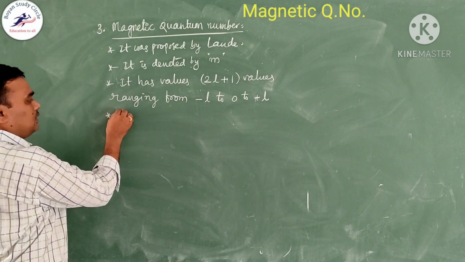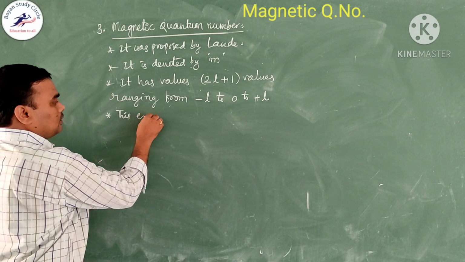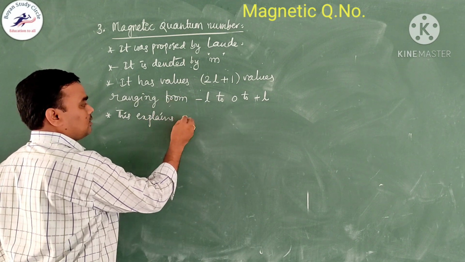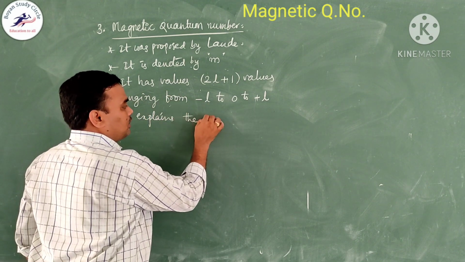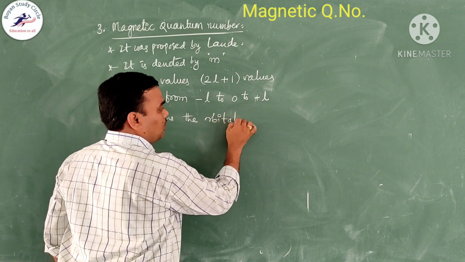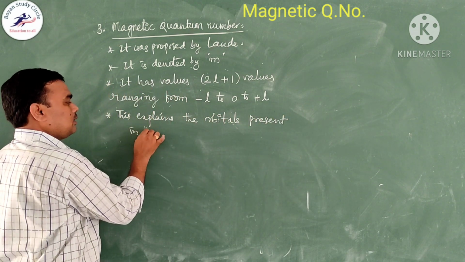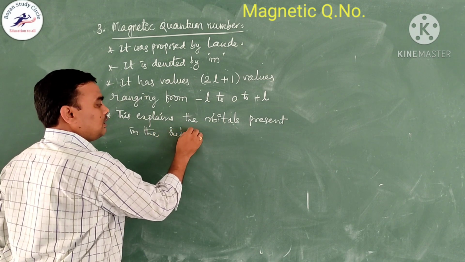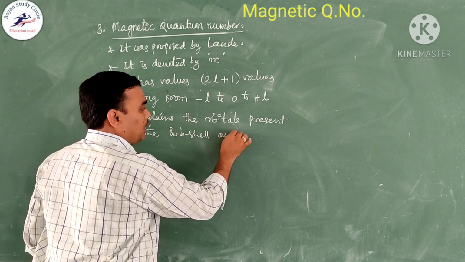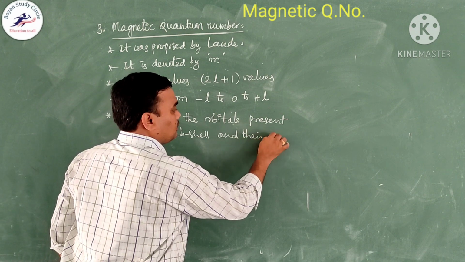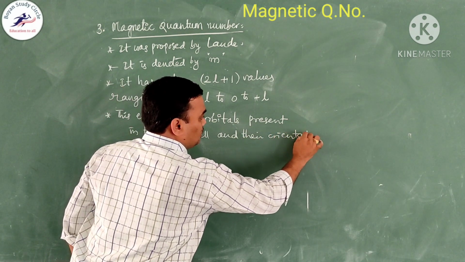So this explains the orbitals present in the subshell and their orientation.